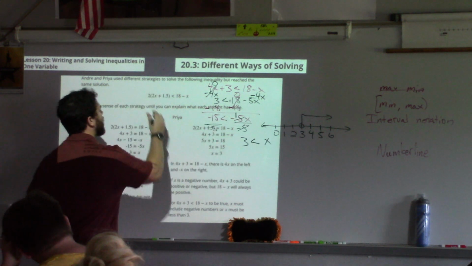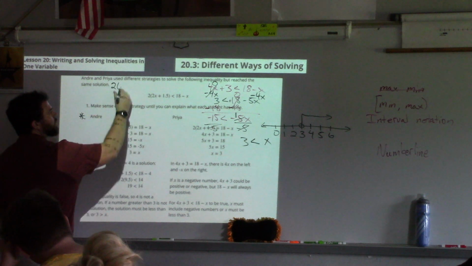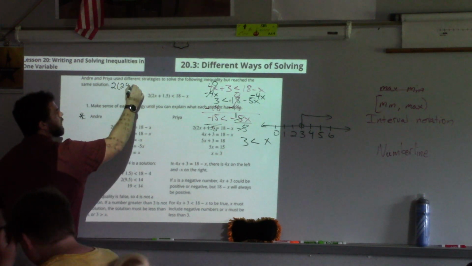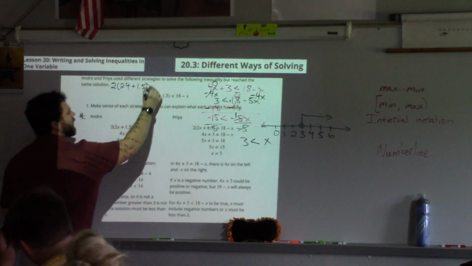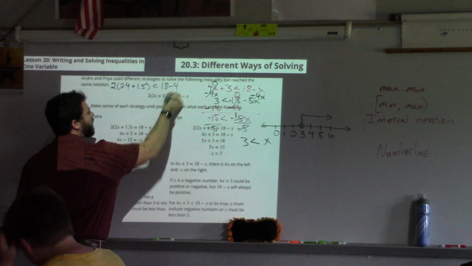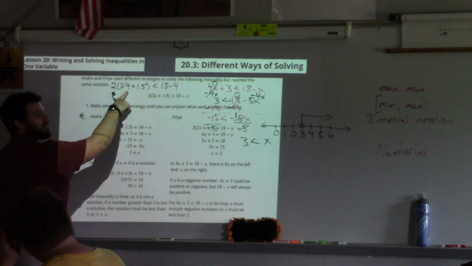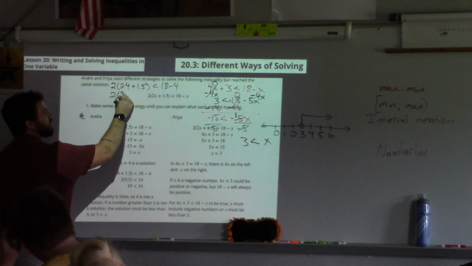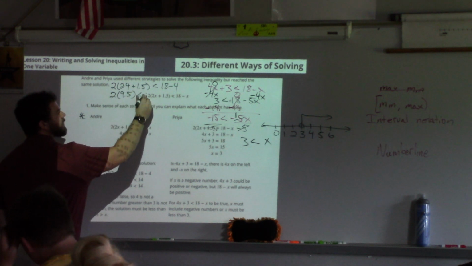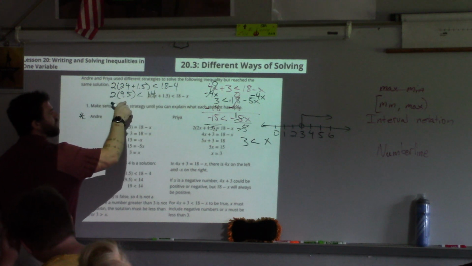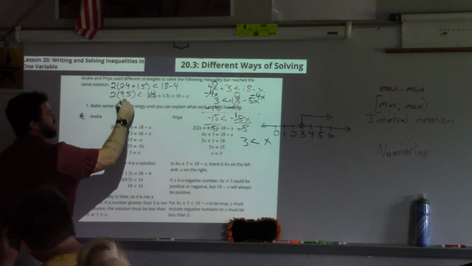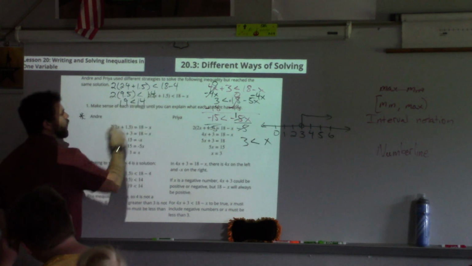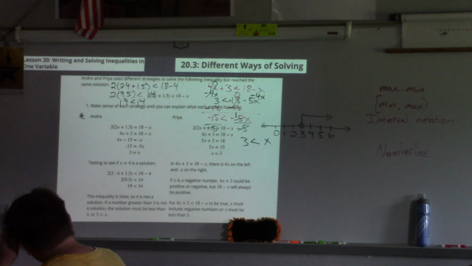Let's check it. 2 times 4 plus 1.5 is less than 18 minus 4. 2 times 4? 8. 8 plus 1.5 is 9.5. Less than 14. 2 times 9.5 is 19. Is that statement true?